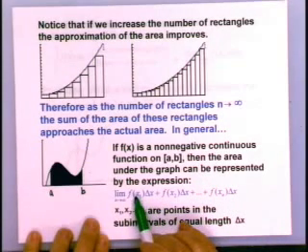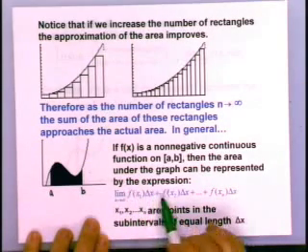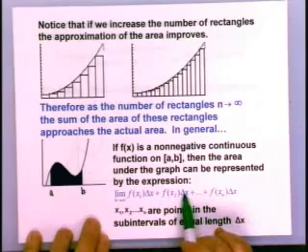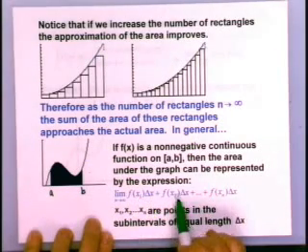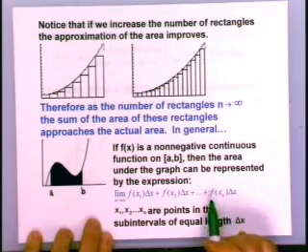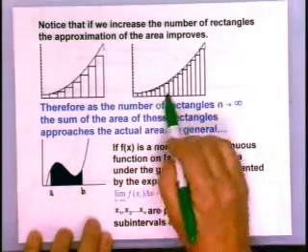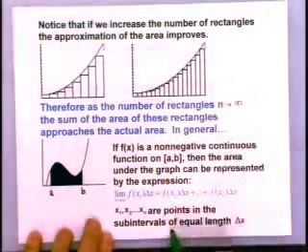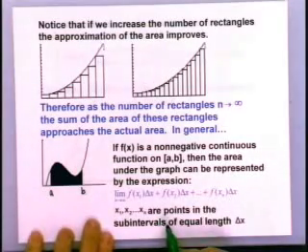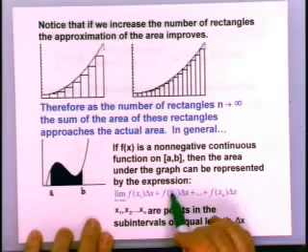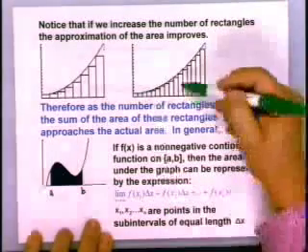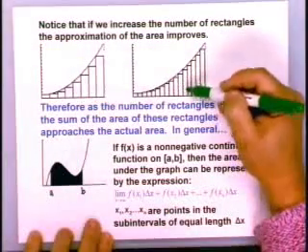First of all, I have f of x sub 1 times delta x plus f of x sub 2 times delta x, etc. The x sub 1, the x sub 2, the x sub n would be points inside each of these rectangles, that is, points on each subinterval. And when we plug them into the function, f of x sub 1, f of x sub 2, etc., we are actually determining the height of the rectangles.